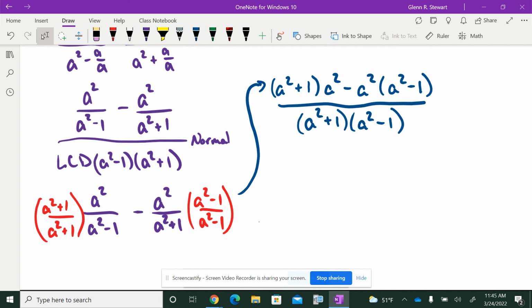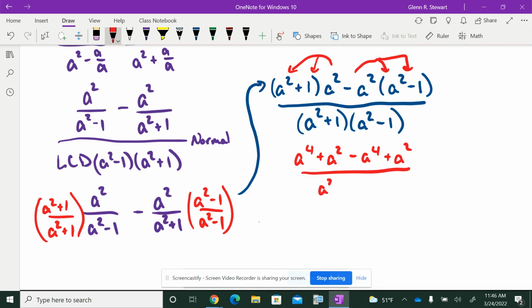So now I've got them both over one fraction. So I'm going to distribute here. I'll get A to the fourth plus A squared. And then I'll also distribute my negative A squared to get negative A to the fourth plus A squared over A squared plus 1 and A squared minus 1.